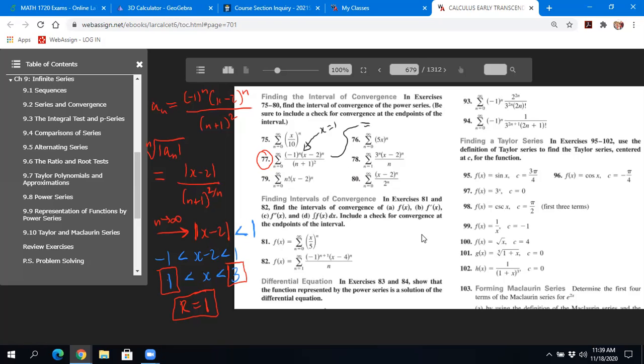Because I got kind of lost. Well, the radius you could have gotten back here. But how did we go from the absolute value of x-2 over 1 to finding that it was between 1 and 3? Okay, if something in absolute value is less than 1, that means it's trapped between -1 and 1, correct?